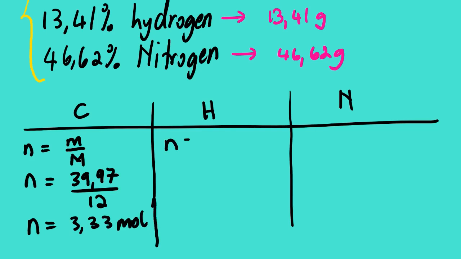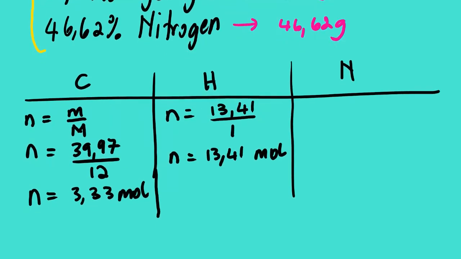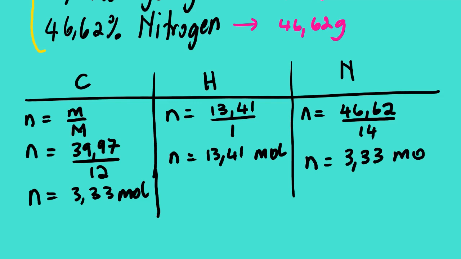Then for hydrogen, we have 13.41 over, we know that the molar mass is 1, so we have 13.41 mole. Then we go to nitrogen, we have 46.62 over the molar mass of nitrogen, which is 14, so we get that it's 3.33 mole.